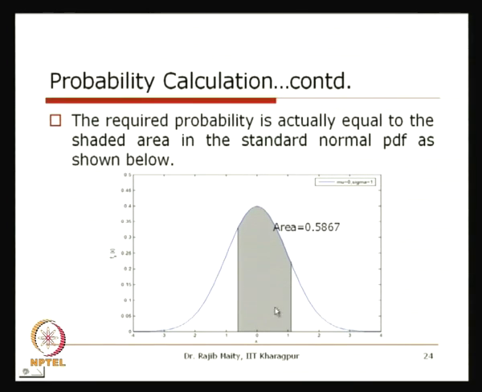Here the graphical representation is shown again: the value indicated for 1.1 is the total area from minus infinity to this point. To get only the area between the limits, we have to deduct the area up to the point of minus 0.59.